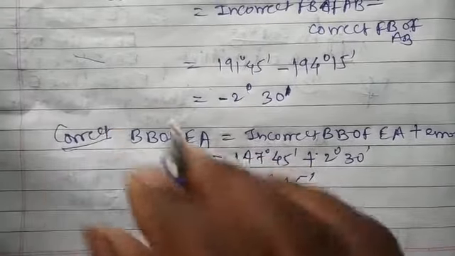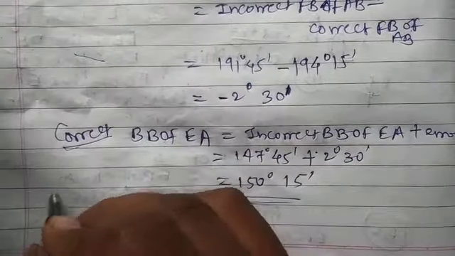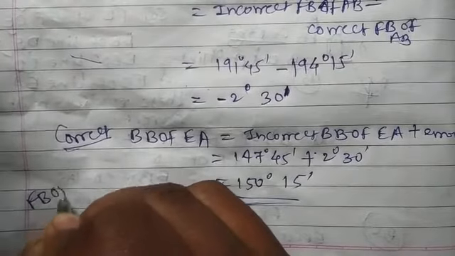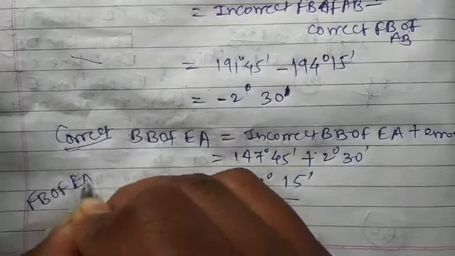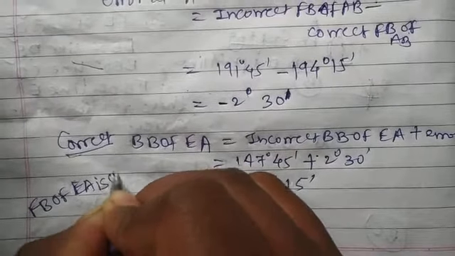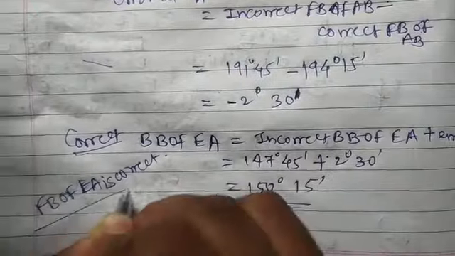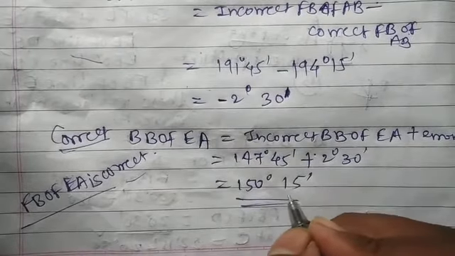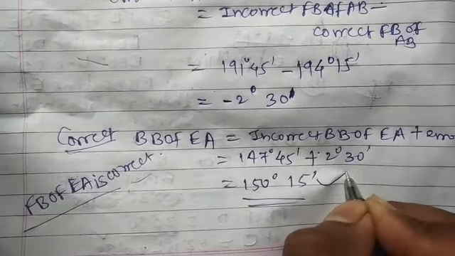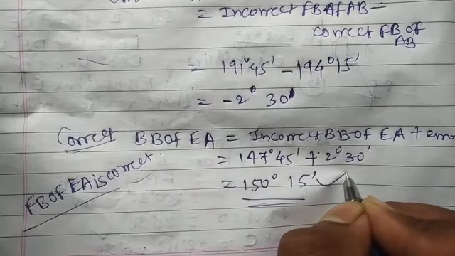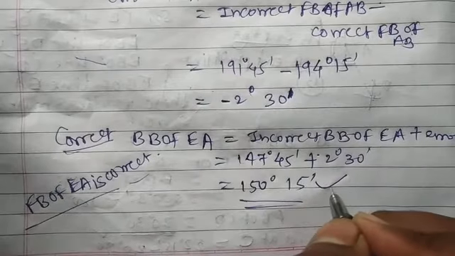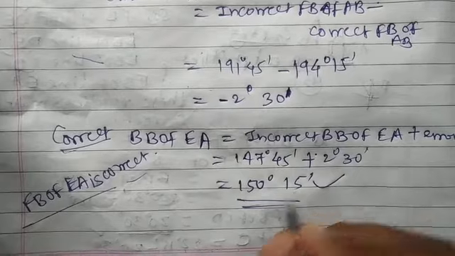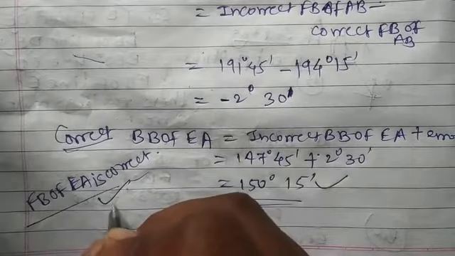Now if you remember, earlier we have said that fore bearing of EA is correct already. Now to cross check our calculation, we can see that this computed back bearing by us should be having difference of 180 degree with its fore bearing, because it is already correct.